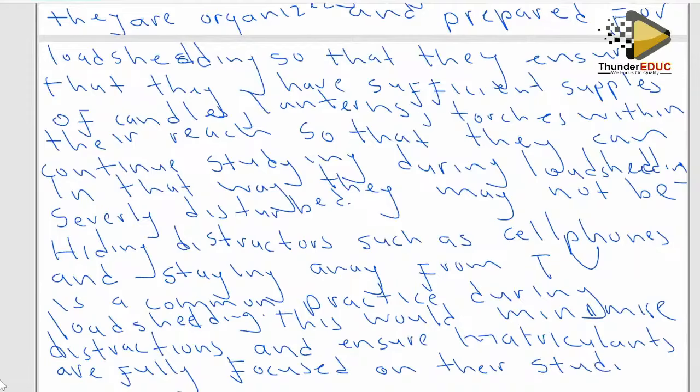So it minimizes distractions. It ensures that matriculants are fully focused on their studies.